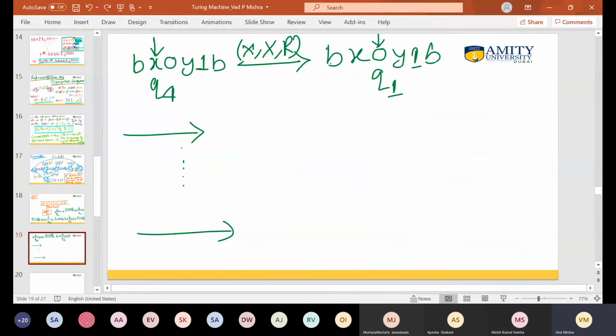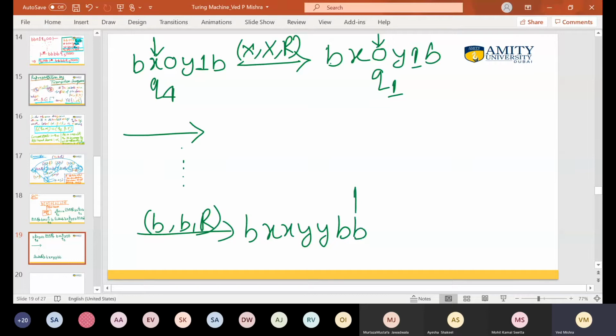Finally you will get B B R, and here you will get B X X Y Y B B, Q6.